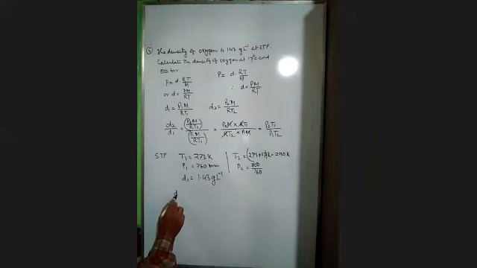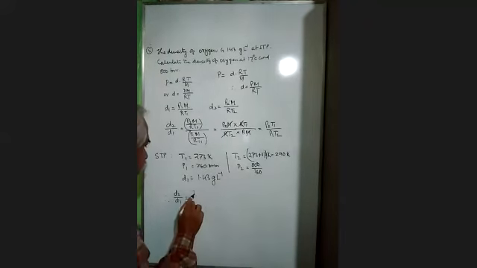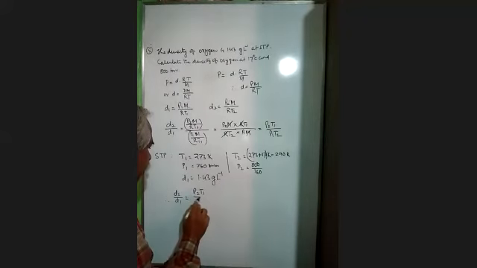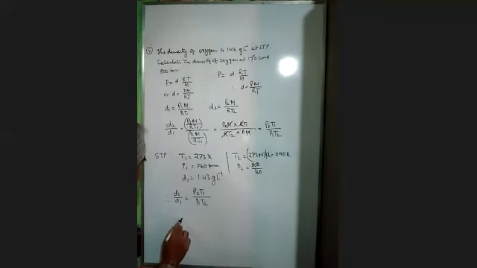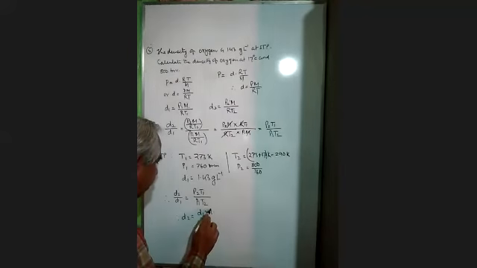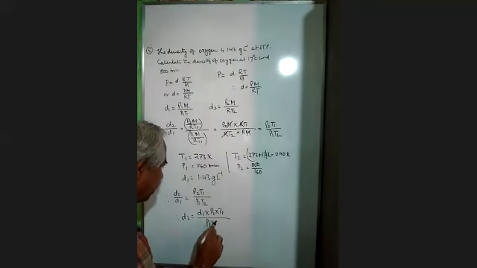Again I'm writing D2 by D1 is equal to P2 T1 by P1 T2. Therefore D2 is equal to D1 P2 T1 divided by P1 T2. Everything I have done, only you have to put the figure. And thank you for correcting.